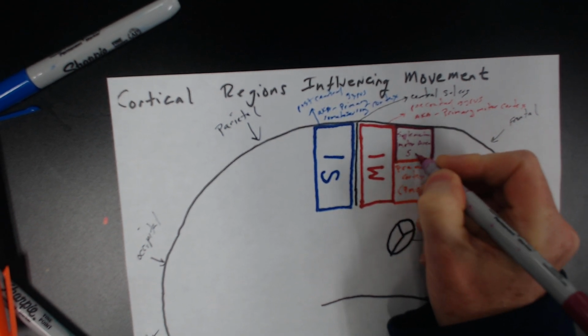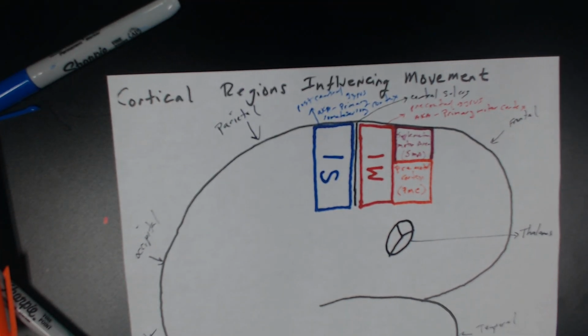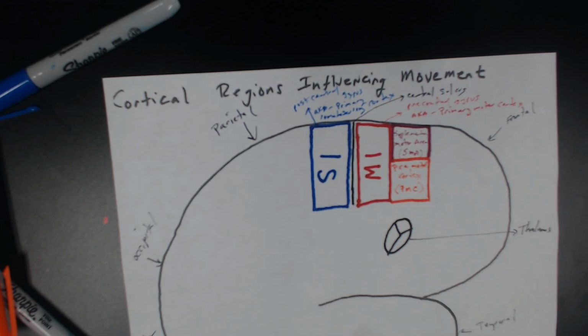Supplementary motor area is your SMA. Okay. Both your SMA and your premotor cortex work together, and they're involved in what you think about before you actually move. So they're involved in putting information together to make sure it's okay to move. We'll talk about that a little bit as we go.